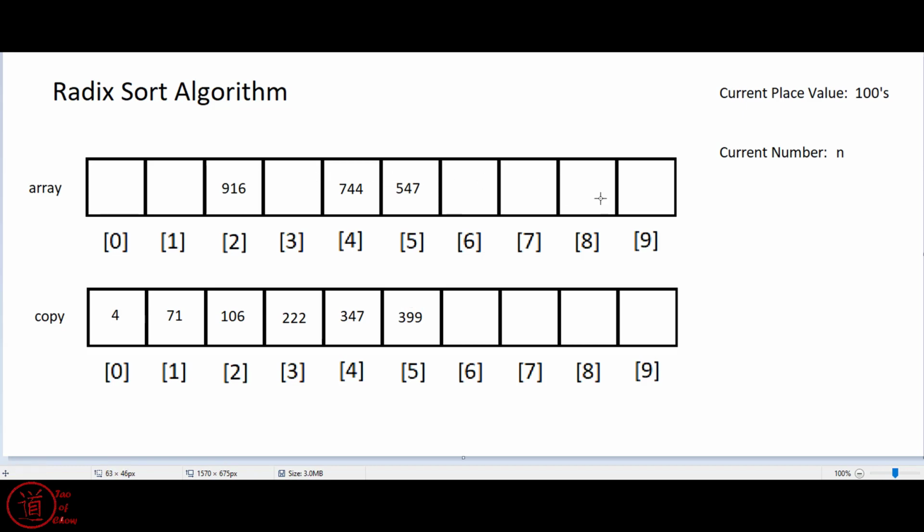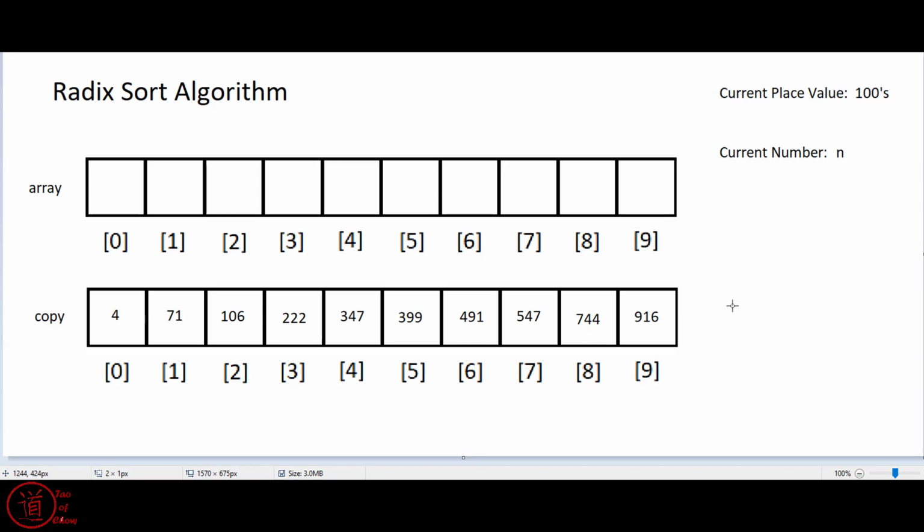Boom. 5s. 6s, none, 7s, and 8s and 9s. All right. So what you can see there is now, if you look at the copy, it is actually in order.